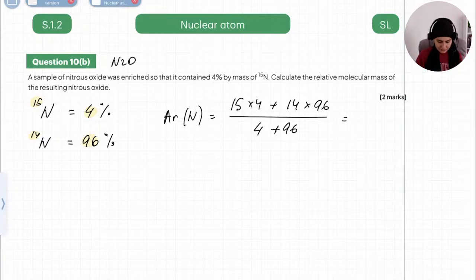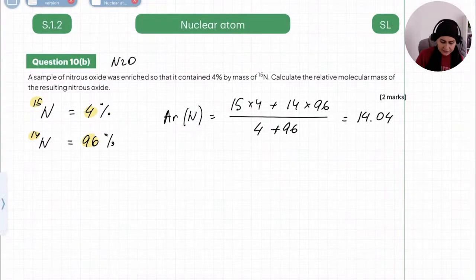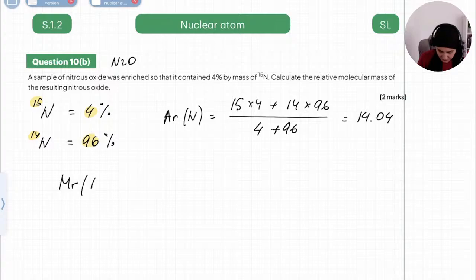15 times 4 plus 14 times 96 over 100. So it's 14.04 for nitrogen. In the periodic table, it would have been 14.01. That would have been a mistake because they have enriched it with a heavier isotope. That's why it's heavier than normal. Then you just find the molar mass of N2O using this 14.04.